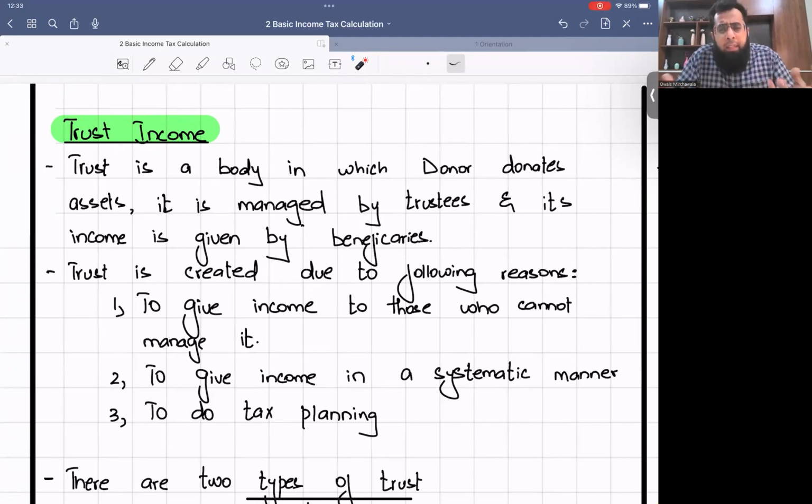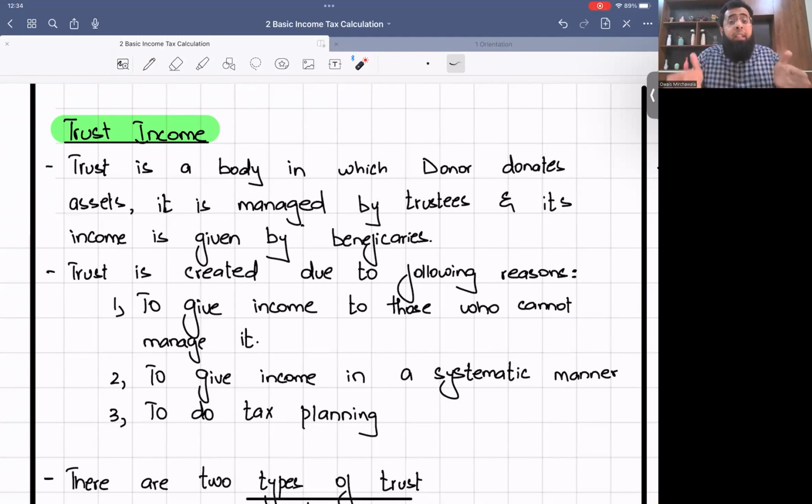Now, you must be thinking why these trusts are created and what is the need for these trusts. See, sometimes we want to give income to some people who cannot manage that activity. For example, if I'm managing different businesses and, in some accident or something, I have very limited time to live, and I feel that my children are very small and will not be able to manage that business, what I will do is create a registered entity.